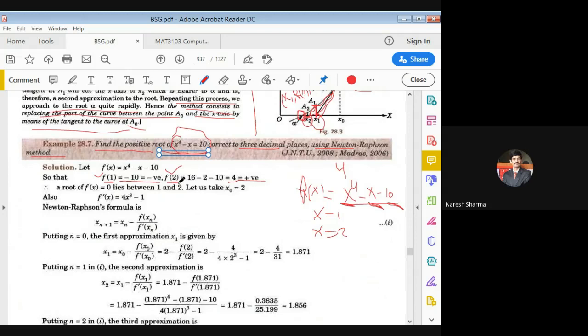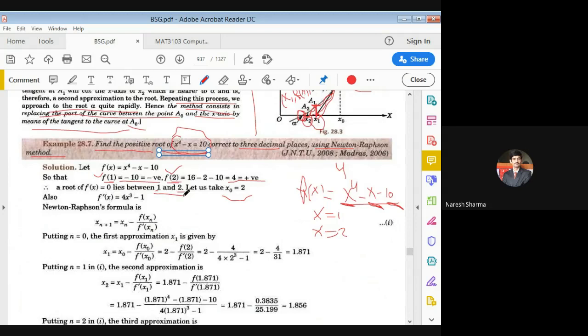Particularly for Newton-Raphson, to initialize it, we require only one x0, one approximation. So we use our first approximation as x0 = 2 here. It's totally your choice. You can choose 1, you can choose 2, you can choose any point between this interval 1 and 2.